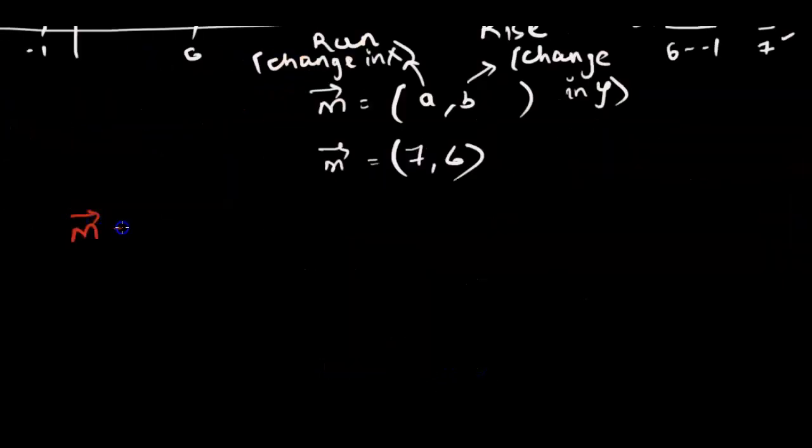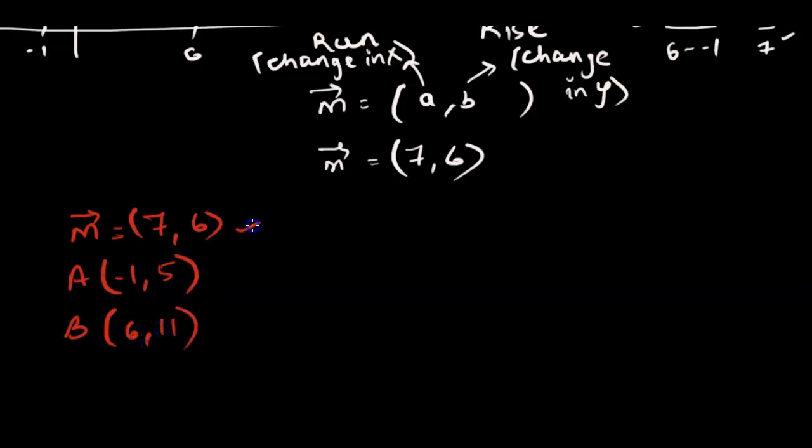Now going back to the question, we have the direction vector that we have already found, 7, 6. We have a point given A, -1, 5, and we have a point B given as 6, 11. We need to use these things in order to write the vector and parametric equation. But for writing the vector and parametric equation, we definitely need a direction vector.